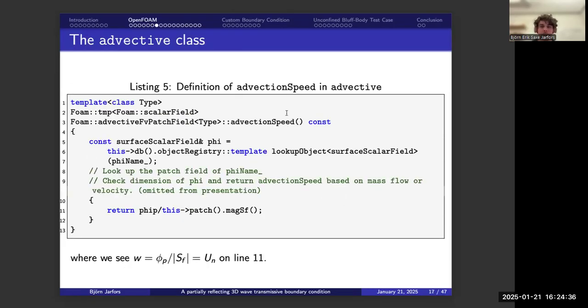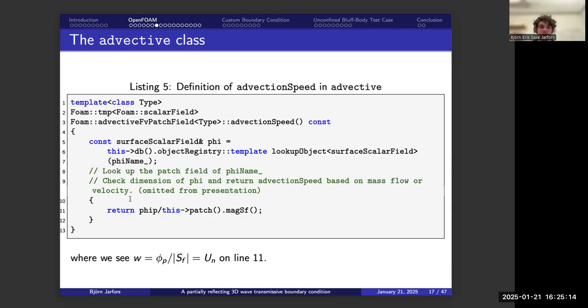Okay, so here in advection speed, basically what they do is obtain the surface scalar field, the phase flux. I've omitted some of the code here, but they look up what type of patch field you're looking at, so if it's the velocity or the temperature, etc. Then they check the dimensions of phi, for example, if it's based on mass flow or velocity.